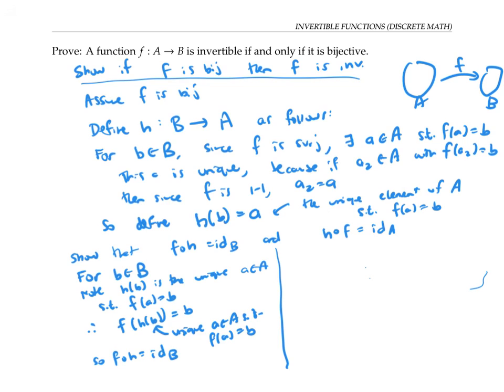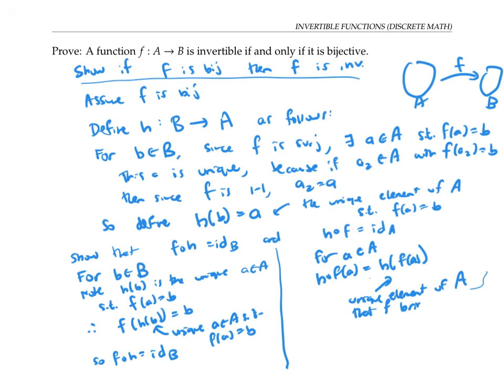On the other hand, if I do h composed with f for some little a in A, h composed with f of little a, that's h of f of a. And by definition, this is the unique element of the set A that f brings to f of a. Well, little a certainly works.